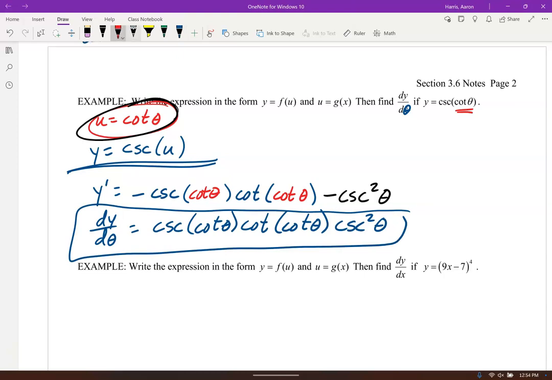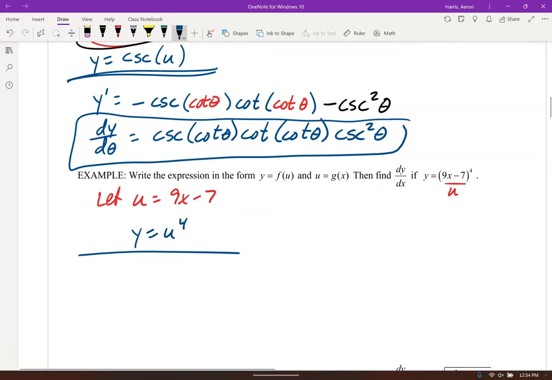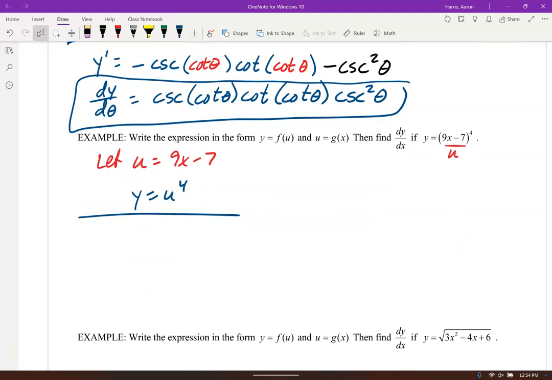Let's go to this next one. I'm going to let u be that 9x minus 7. And so y would be u to the 4th. And then let's go ahead and take that derivative. So dy dx would be 4, again, u to the 3rd.